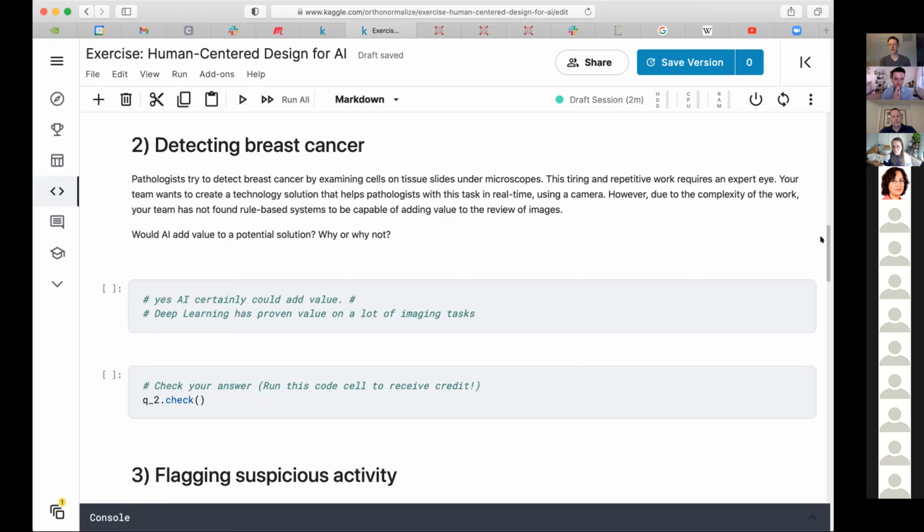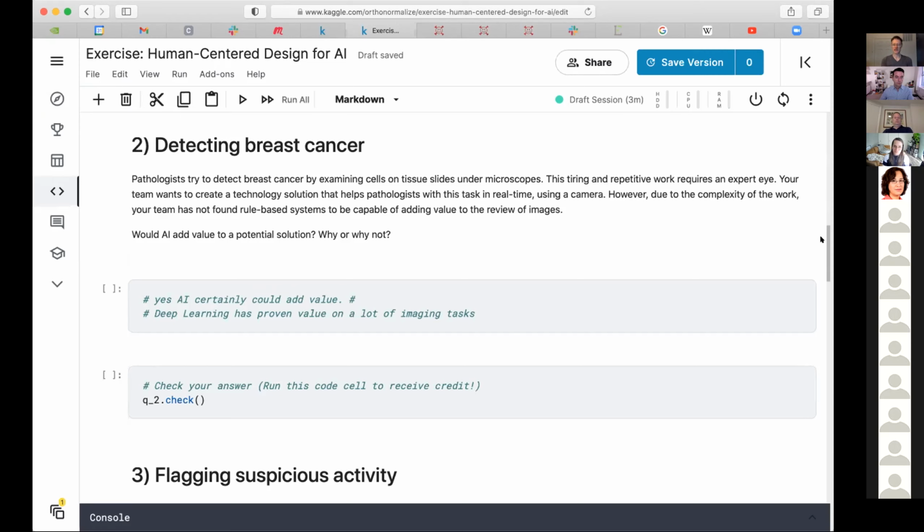Certainly, the experts can probably read the information more easily than an AI, but they can't do as many of them per unit time. They tire, it requires an expert eye, it's repetitive. It's certainly a case where AI could be leveraged as a second opinion, at the very least, to filter out cases and direct the expert's attention only to those cases where the answer is less obvious.